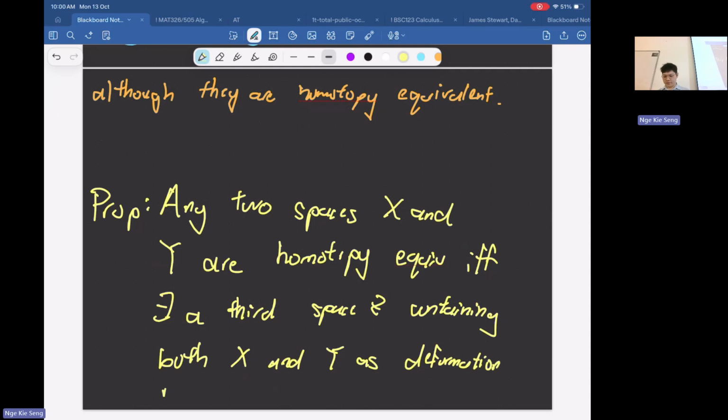The direction from right to left is what we have demonstrated just now. But left to right is a bit complicated. We haven't described this construction yet, because from left to right, you need to construct this Z.